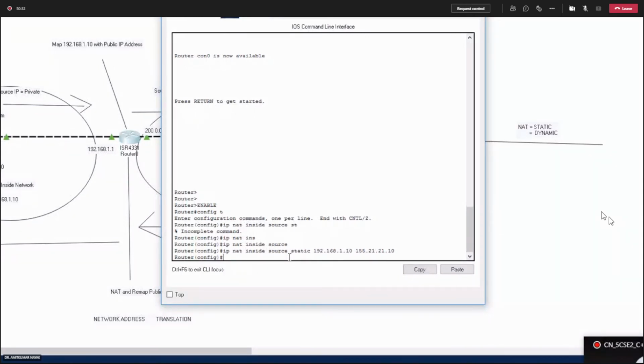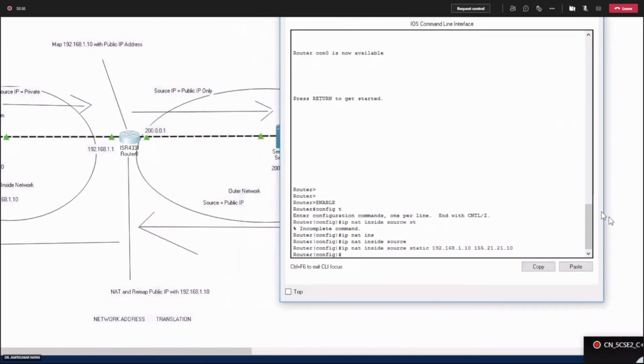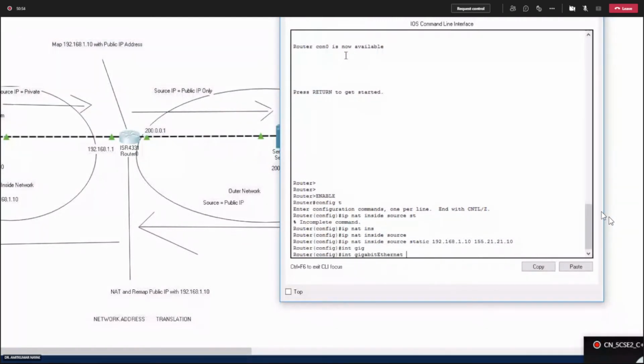we have to specify the interface which is connected with the inside network and the interface which is connected with the outside network. So for router 0, which interface is connected with the inside network? Interface gigabit Ethernet 0/0/0.